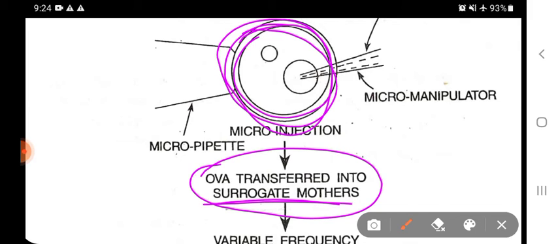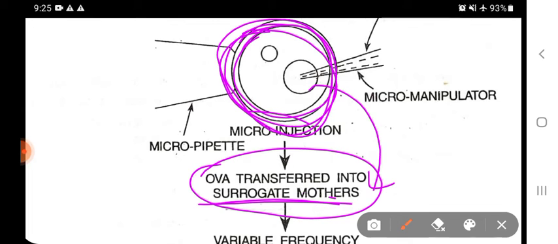Surrogate mothers are third party mothers who receive that ovum within their reproductive system, so that they are able to carry this embryo containing our transgene, into a baby transgenic animal.